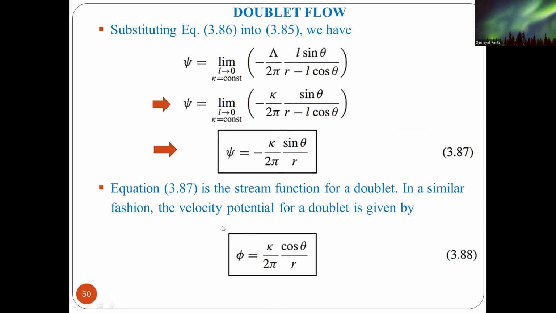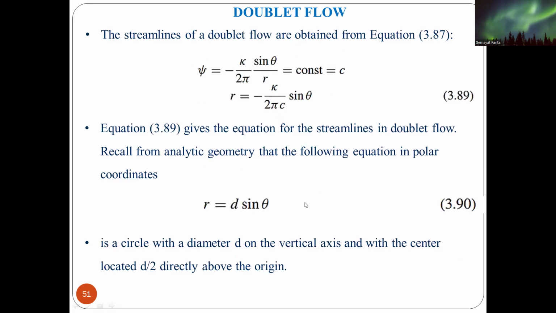And in terms of velocity potential, we can define the velocity potential for doublet flow as kappa, the doublet strength, divided by 2 pi, cos theta over r. And this is the stream function and the velocity potential for doublet flow.